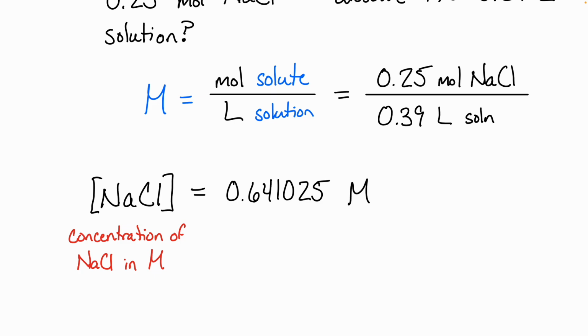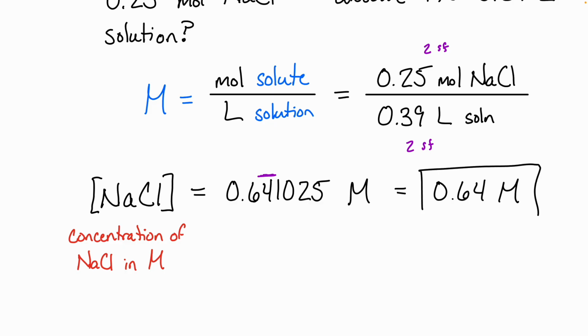All right, that's what the definition of that big M is. All right, and then lastly, what do I got to do here? I'm not quite done. Sig figs, right? So for a simple multiplication division calculation here, we're going to have to note these are both measurements. We have 2 sig figs in our moles, 2 sig figs in our liters. So final answer here for this concentration is 0.64 big M molarity.